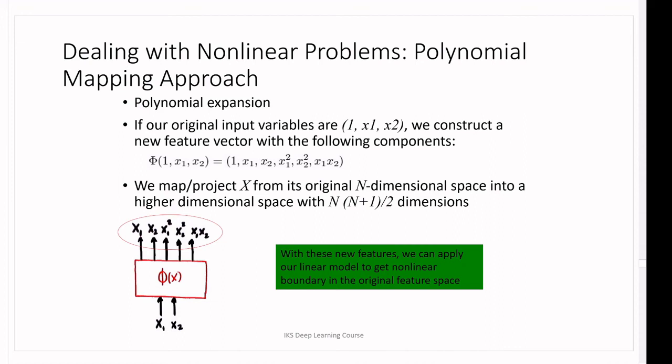That means we have gone to higher dimensions. In general, starting from n dimensions, we go to n times n plus 1 by 2 dimensions. And with this higher dimension, we can now work in this higher dimension and use a linear model.